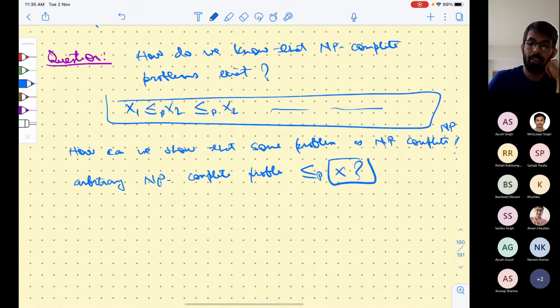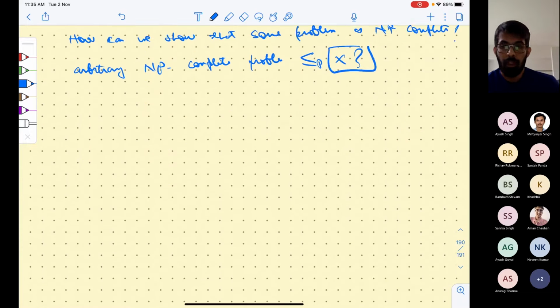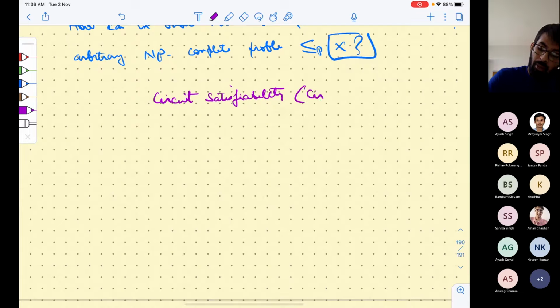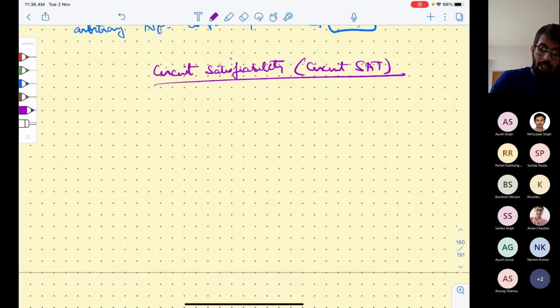But what is this X? This X turns out to be this problem called circuit satisfiability, right? Which you can say is the first NP complete problem. Let's call it circuit sat. Okay. So what is a circuit first?